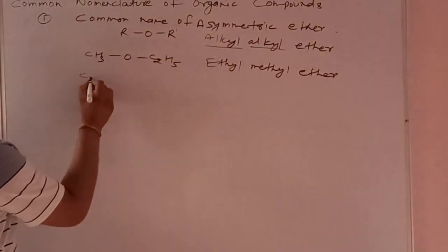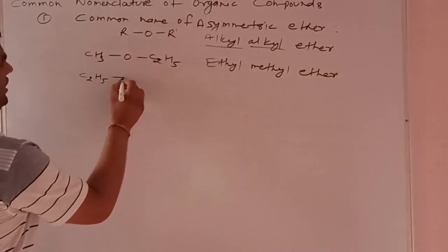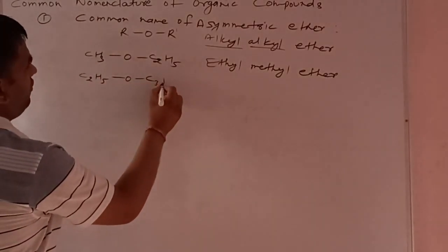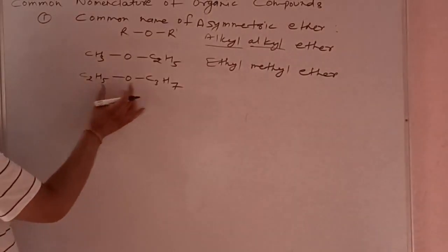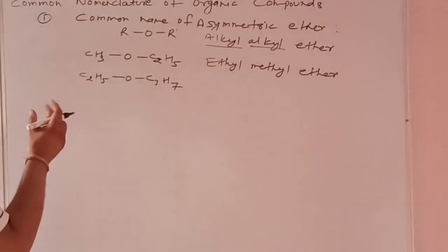Second example is C2H5OC3H7. This is an asymmetric ether.